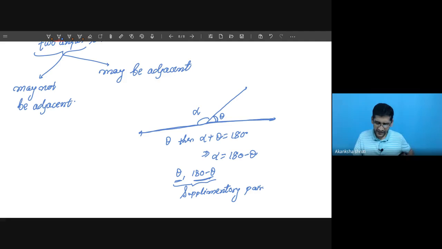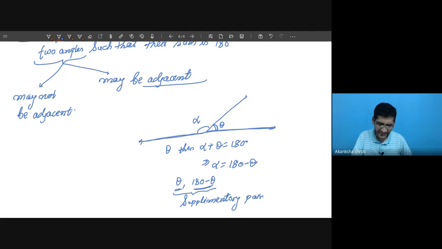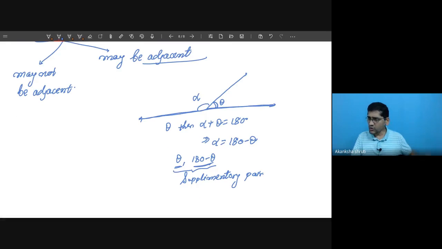Students, here I have taken the two angles as adjacent angles, and when these two angles are adjacent, we find that they always form a straight line. So therefore such a supplementary pair is called a linear pair.